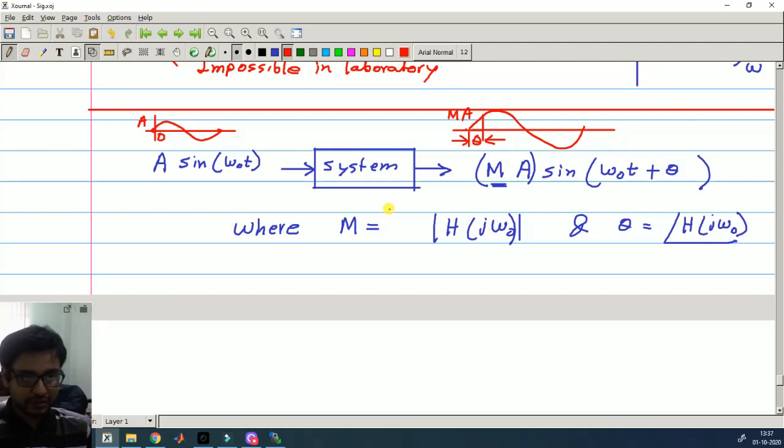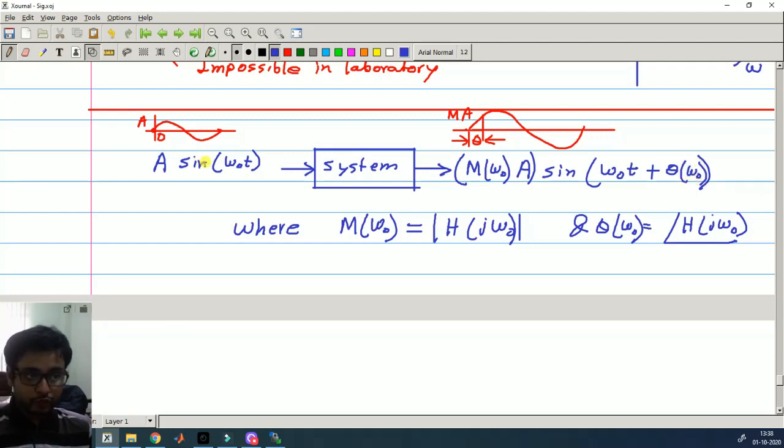That is possible. And also this magnitude will depend on the frequency of the input. So let me write m of omega naught, a function of omega naught, and the phase also a function of omega naught.